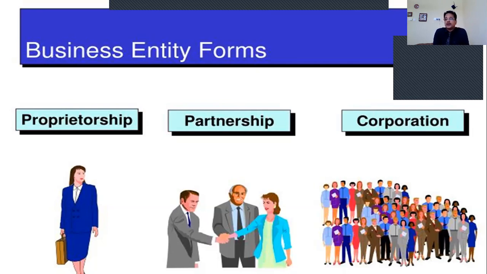The liability of the businessman, owner, or proprietor is unlimited. It may go to the extent of any level. For example, if you are a sole proprietor and you have a huge loss in business, there are a lot of creditors, banks, or liabilities.